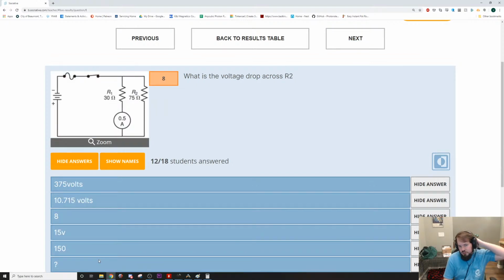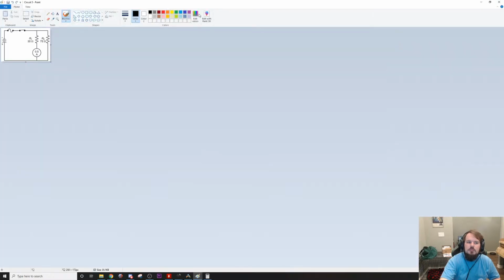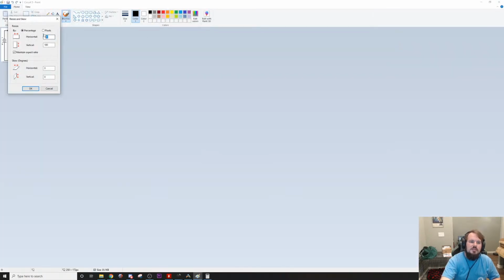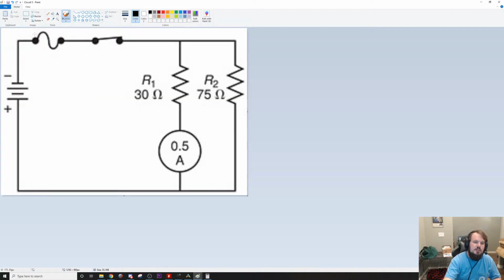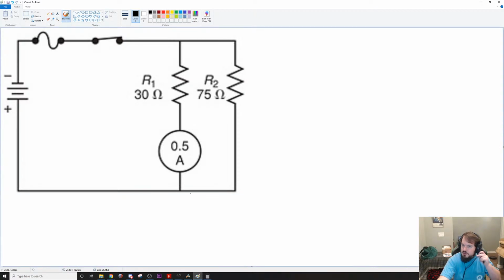Okay, what is voltage drop across resistor 2? Oh, that one's going to be blurry as hell. Alright, what is voltage drop across resistor 2? Well, this is a parallel circuit.